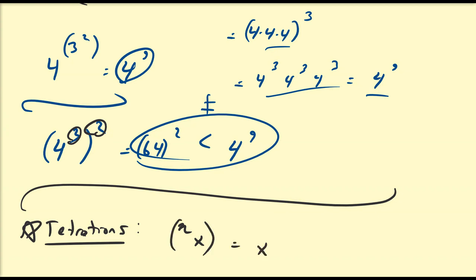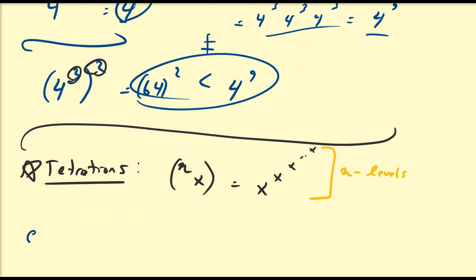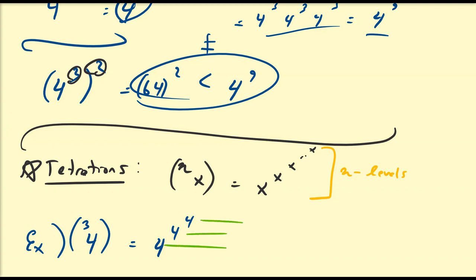So this is the same as saying x to the power of x to the power of x all the way up to x, where in this expression there are n levels. So what do I mean by levels? If I have 4 tetrated 3, this is the same as 4 to the power of 4 to the power of 4. So notice there's 1, 2, 3 levels.